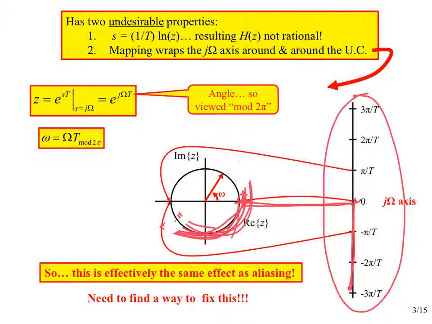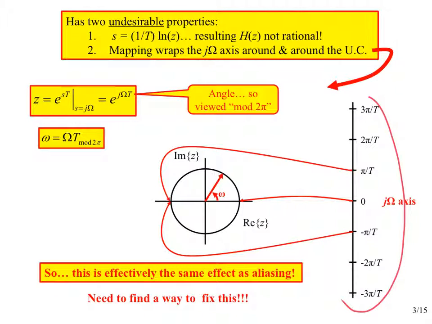And so what that means is that characteristics that are far out on the j omega axis, that come from the original continuous time frequency response, get mapped over and over onto the unit circle.